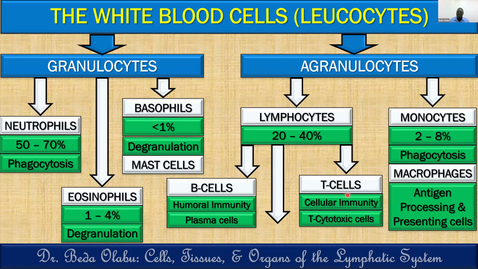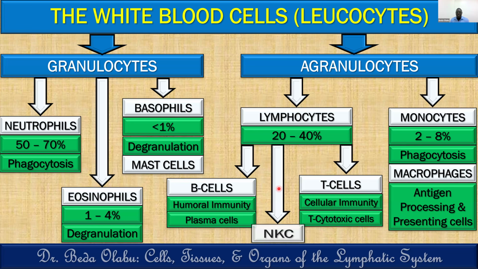This is perhaps one of the key mechanisms of immune response against intracellular infections. So infections which are inside the cell, for example, viral infections, or some bacteria which are intracellular. This is the immunity that will help them. While humoral immunity will be more for extracellular infections, the bloodstream.